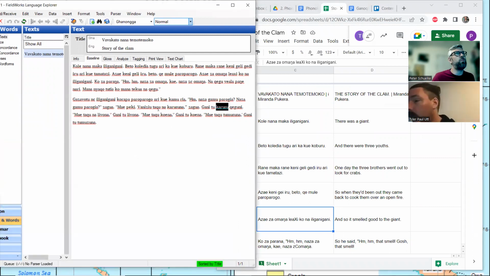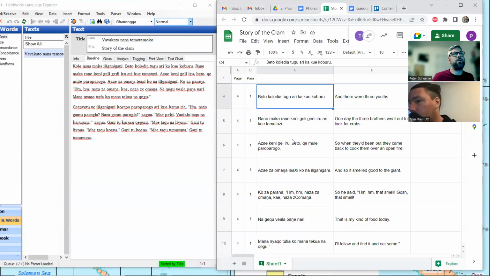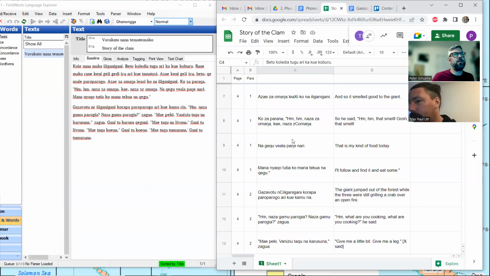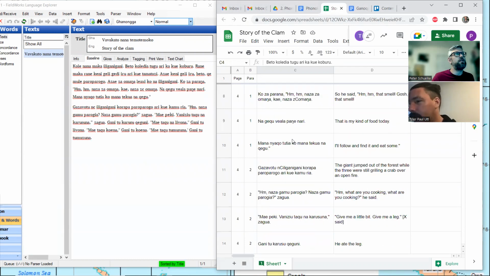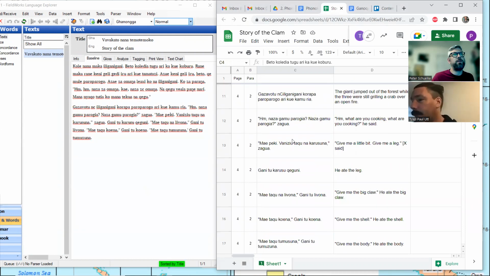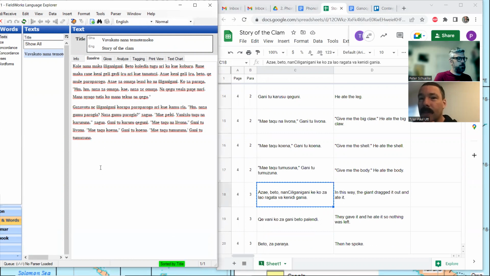So the last thing we were talking about was that he gave him the whole claw and he ate the whole claw, the giant, and he gave him the leg and the body and the shell and everything. So our last sentence here is Tumuzuna, and it will tell us paragraph 2. So that should be the last one. So paragraph 3. So I can start pasting these in.